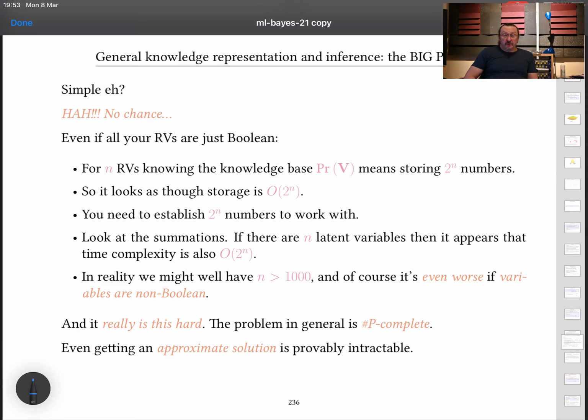That means that your storage is potentially a problem, and also that you have to establish the 2 to the n numbers that you're working with. So, establishing them in itself is potentially going to be difficult for you. How do you go about doing that?